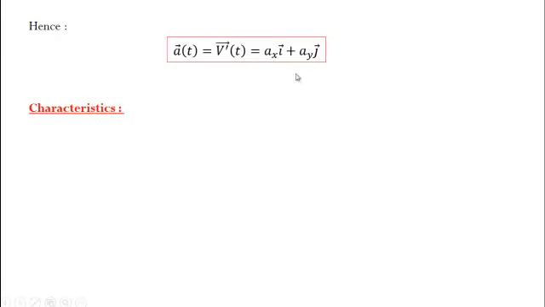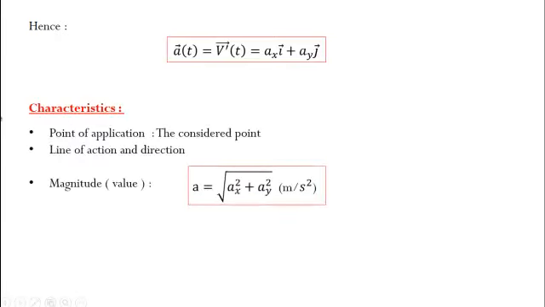Now in order to find the value, what are the characteristics of this vector? Point of application is the considered point, meaning if we want to find the a1 vector, then it's m1, a1, according to the name of the object. Line of action and direction: when we find the vector, we will notice that if it was in terms of i and j, then it's oblique.